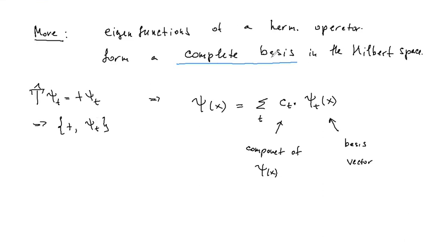This is something you can prove, but I'm going to skip it for this class. It's not that easy to prove. You have to really go deep into theory of vector spaces. It goes a little bit beyond this class. Just trust me on this. If your operator is not Hermitian, you can't really guarantee that you have a complete basis.